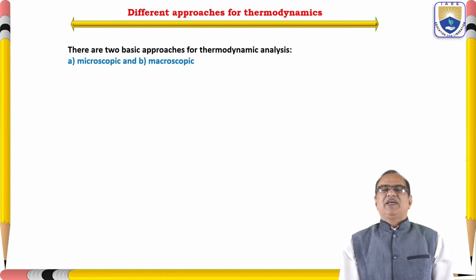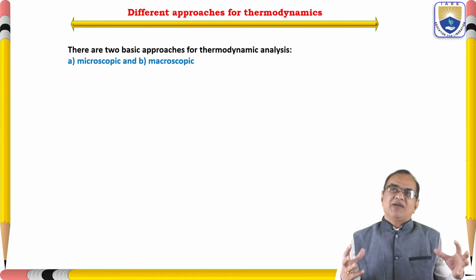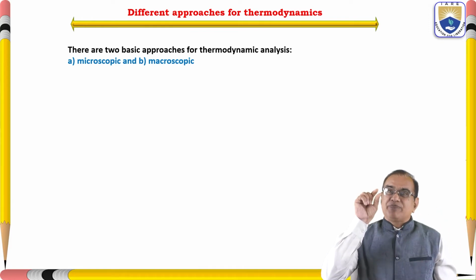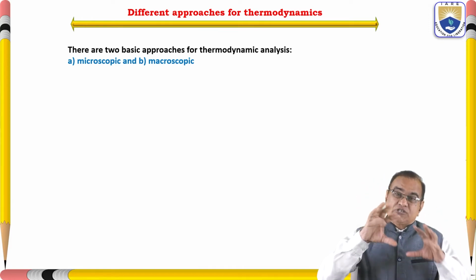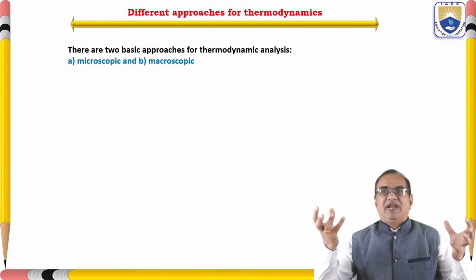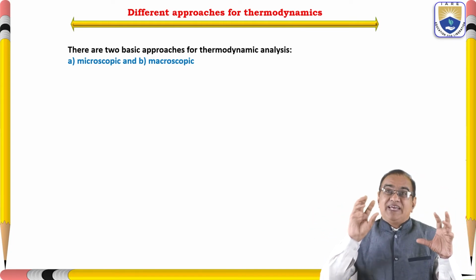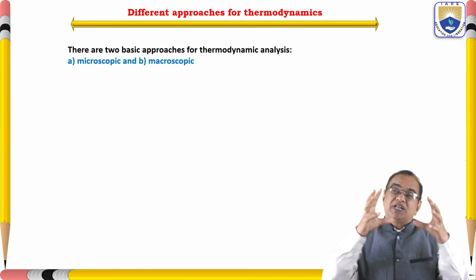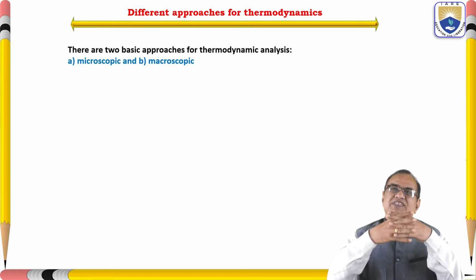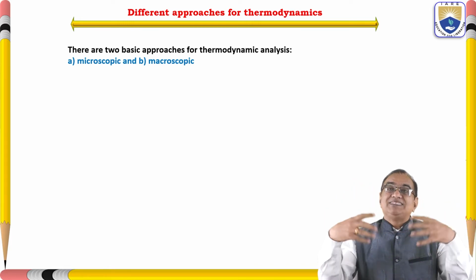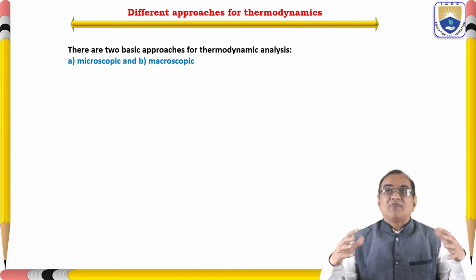There are two approaches for thermodynamic analysis. One is the microscopic, another is the macroscopic. If we talk about the microscopic, it is the atoms and the molecules moving in random directions, and their motion and the collision of these atoms and molecules will generate some energy, some power, some losses.